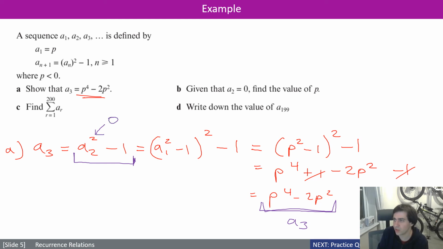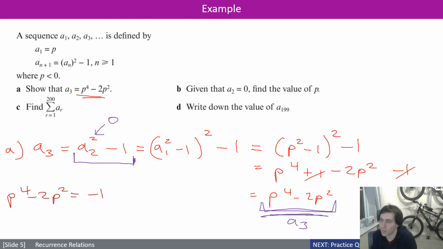So this is 0 here, right? A2 squared. In other words, this thing here is equal to minus 1. So we've got P to the 4 minus 2P squared equals minus 1, or as a quadratic, plus 1 equals 0. Right, okay, so we now need to find the value of P.